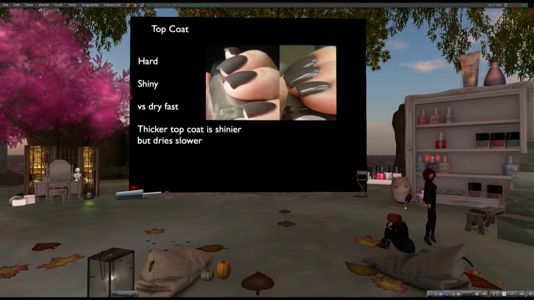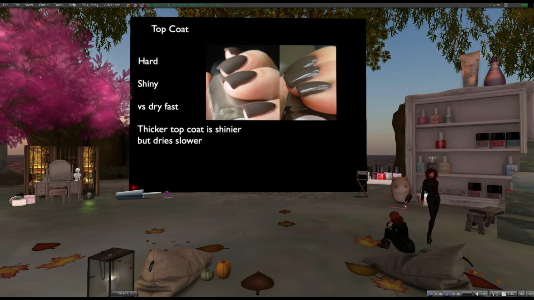So the top coat, you want it to be really hard to protect the colored part from scratches. You want it to be shiny, although some of them are matte. And you'd like to have them dry fast, but you have to realize that you get a thicker, more viscous top coat.